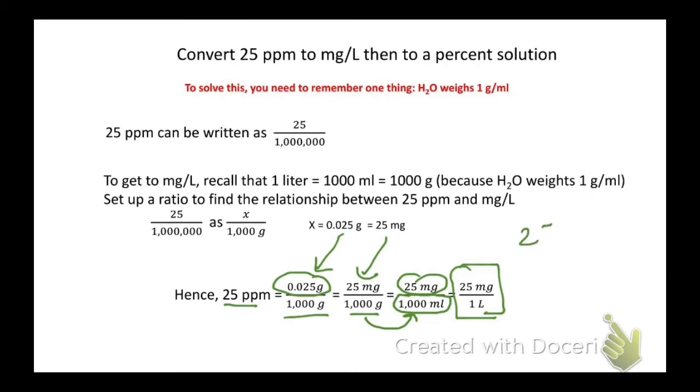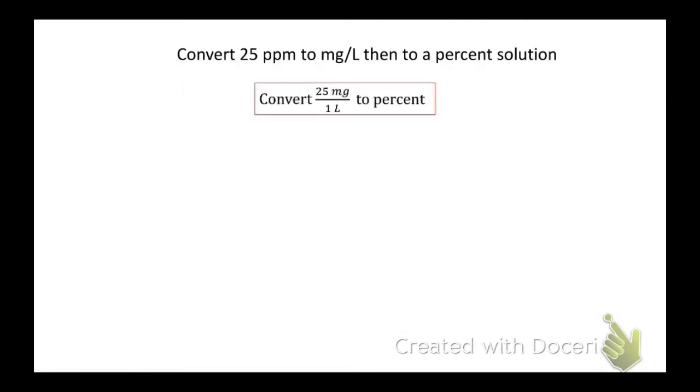So 25 ppm is the same as saying 25 milligrams per liter. Let's do the last part, converting 25 parts per million now to a percent solution. And we're going to start with the previous calculation, the 25 milligrams per liter, and go straight to percent from that first.